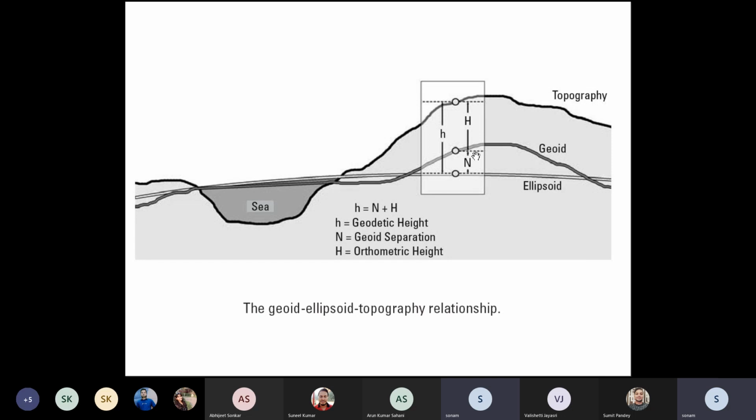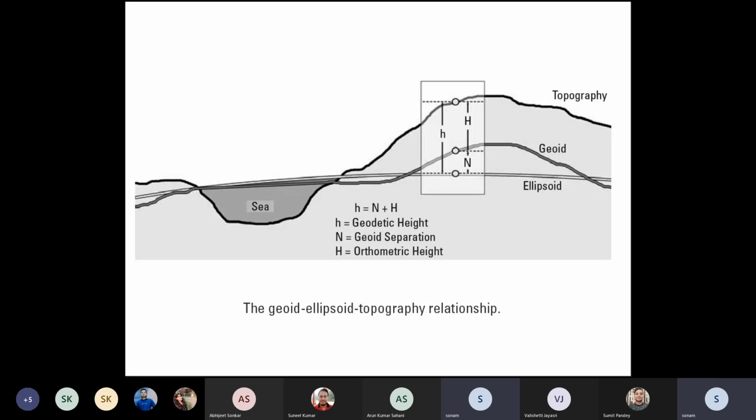This is not always positive. Sometimes the geoid goes below the ellipsoid, at places that are rich in iron and other dense material. In that case, this N can be negative. So remember that at most places the geoidal separation is positive, above the ellipsoid, but at some places it is possible that it will be negative.